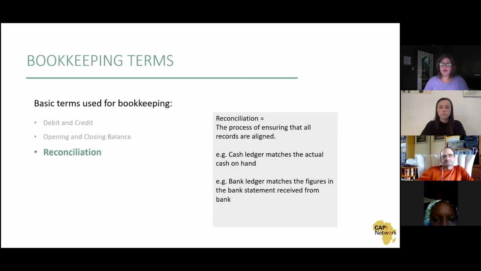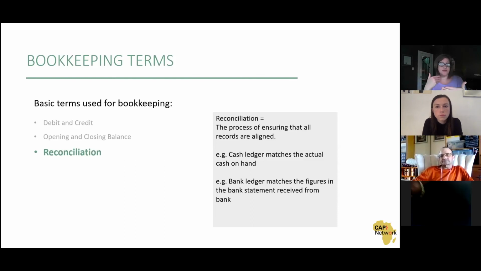Reconciliation, or to reconcile an account. This is the word that we use to talk about the process of ensuring that all of your records are aligned. So if you're doing bookkeeping for a project and you're keeping track of all of your debits and credits into, say, your account, at the end of a period your financial records, your bookkeeping records, should look the same as the record that your bank would give you on that account.